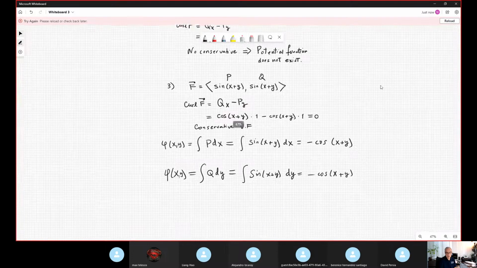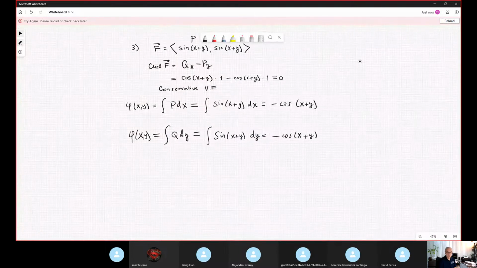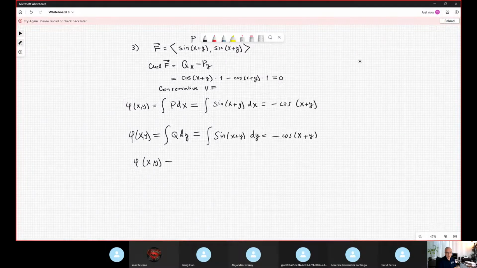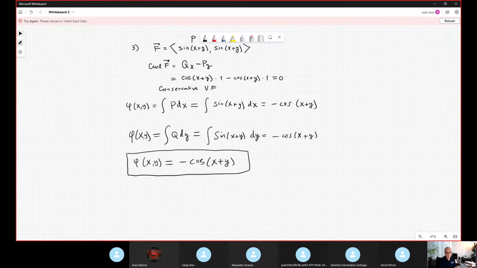Cool, no problem. And you take both? No. You take only one because it's repeated. So the potential function is minus cosine of x plus y. Boom. Final answer. Any question? Okay, in a few words, what we are doing to compute the potential function is computing the anti-gradient.